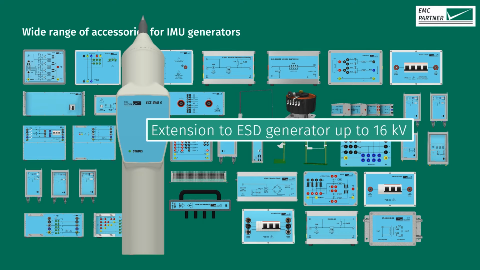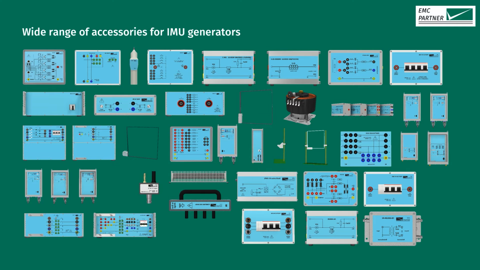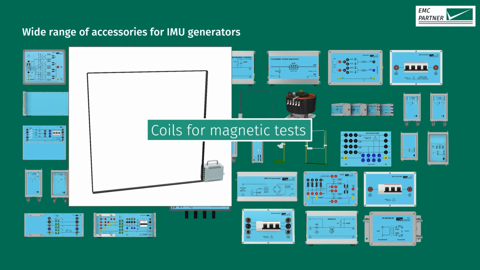Extension to ESD generator up to 16 kV air and 8 kV contact discharge. 3 coil types are available for AC and impulse magnetic field testing that completely fulfill the IEC basic standard requirements.